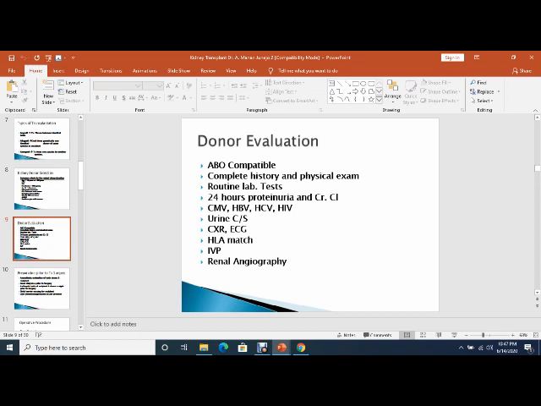We should do CMV, hepatitis B virus, hepatitis C virus, HIV. Exclude UTI by doing urine culture. For underlying lung pathology, X-ray chest and ECG should be done. Isotope scan, IVP, intravenous pyelography, and renal angiography to see the status of the renal vessels, renal veins, and renal artery.